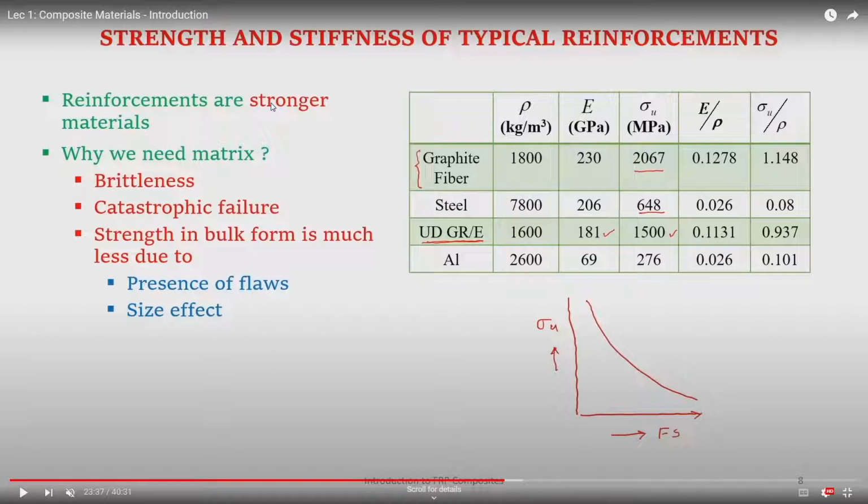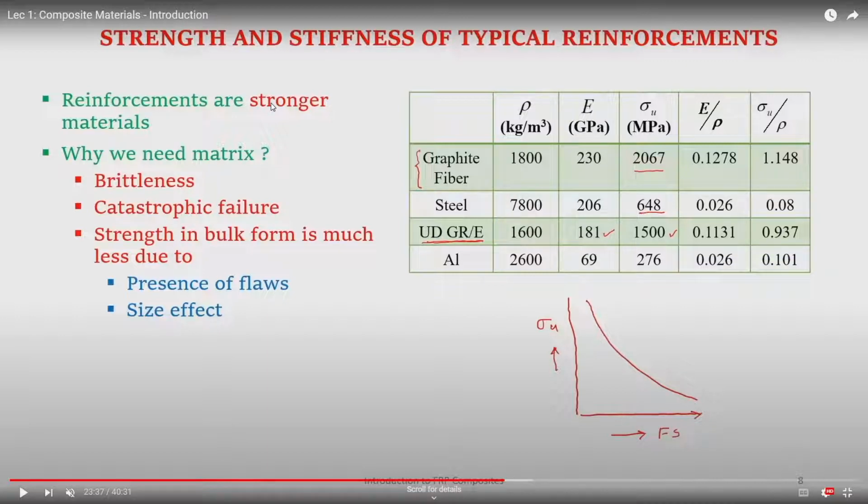Specific modulus means we divide Young's modulus by the density, and that shows which of the two materials with the same stiffness is lighter. That means weight. So in weight-specific applications, it is more important to know specific modulus rather than just modulus.